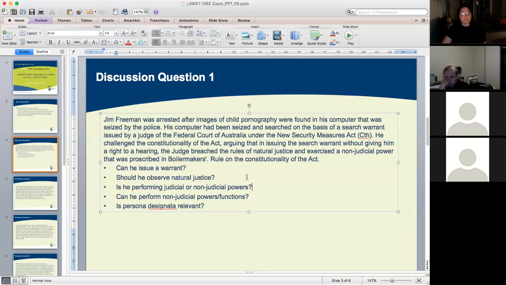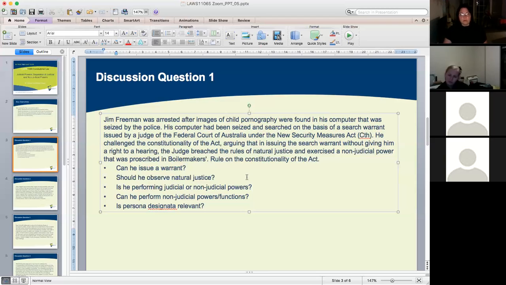So, for example, as Peter pointed out, is he exercising a judicial or non-judicial power? Now that is a legal issue. I am not yet saying if that's the correct legal issue, but that is the way you frame a legal issue. So you might say, the judge in issuing a warrant, is he exercising a judicial or non-judicial power?